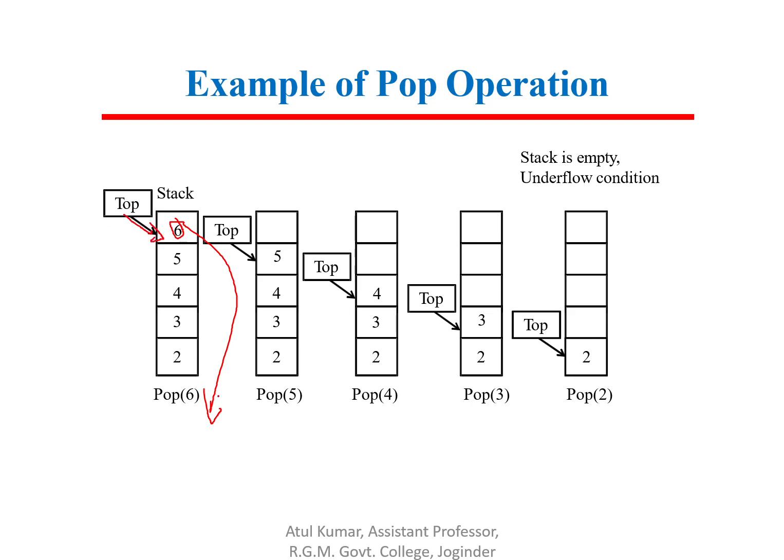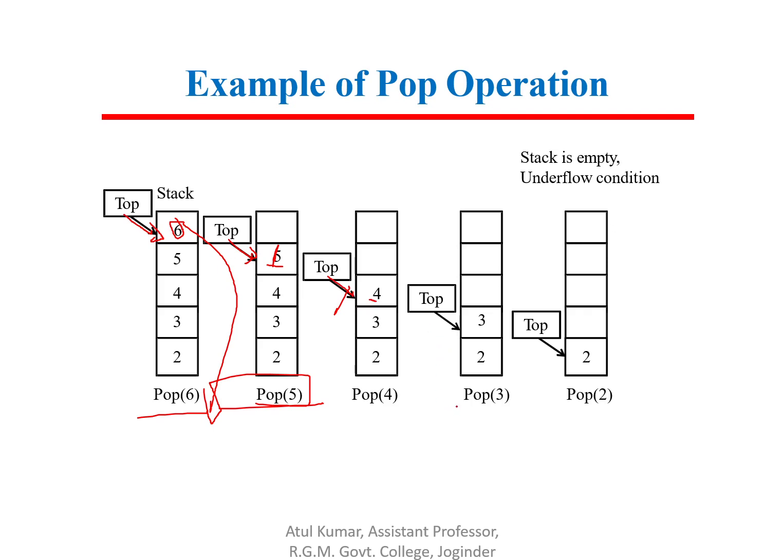If we apply this pop operation, then the top is decremented by 1 and it points to the position where the element 5 is in the stack. Then after popping one more item from the stack, top is decremented by 1 and it points to the fourth element 4.